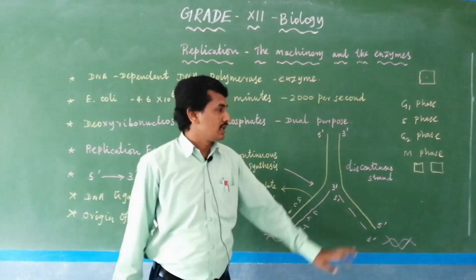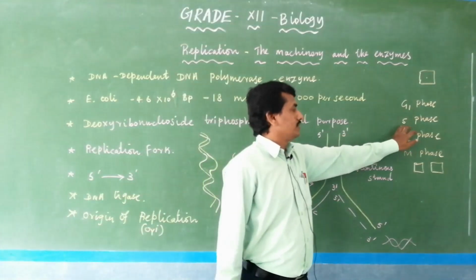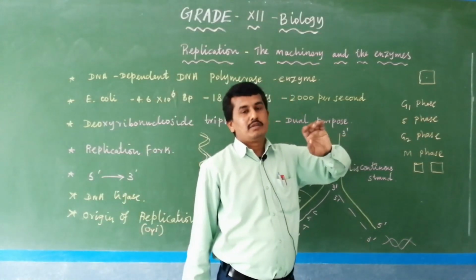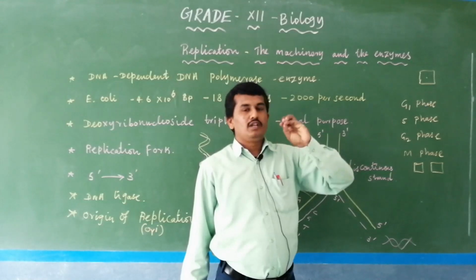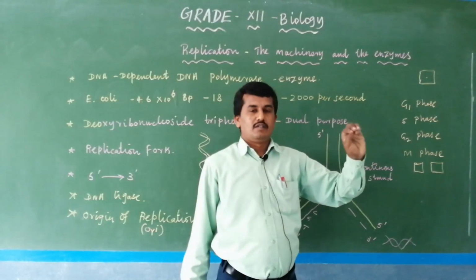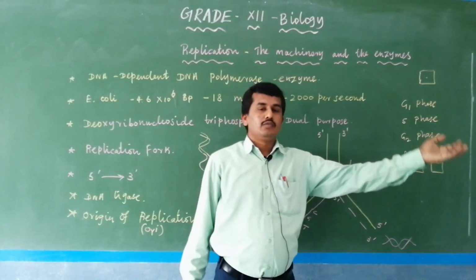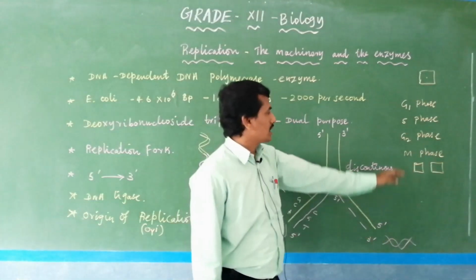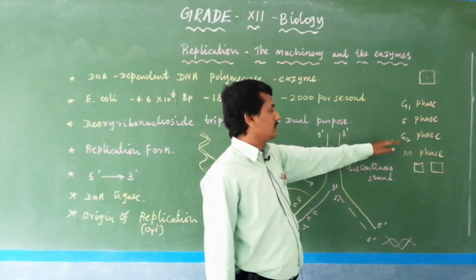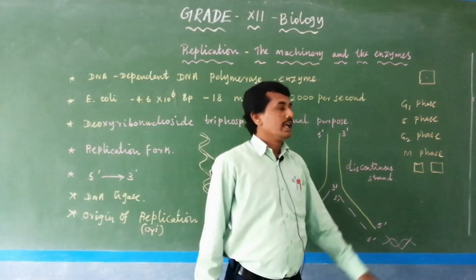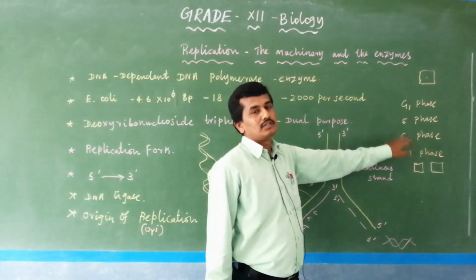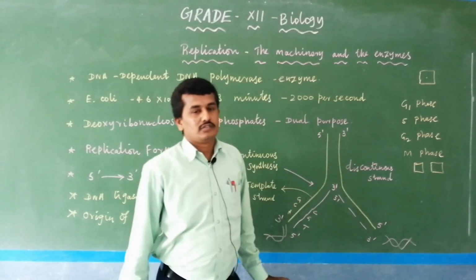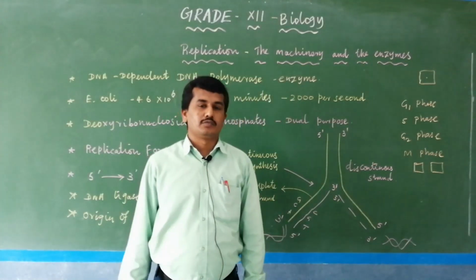Replication normally takes place in the S phase of the cell cycle. The cell cycle contains various stages like G1, S, G2 and M phase. Only in the S phase does DNA replication take place.